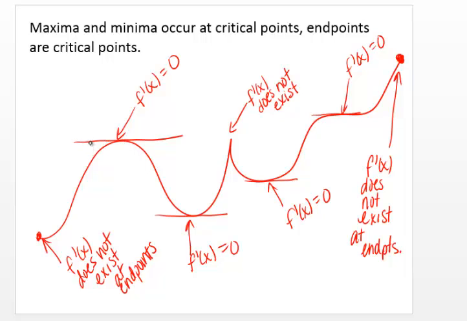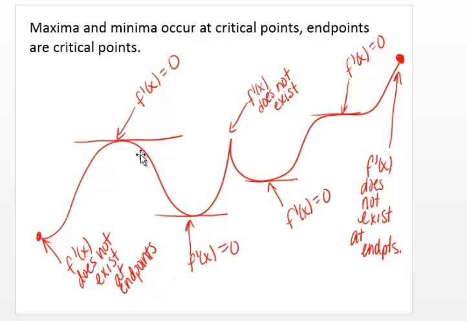Then you have the first derivative equal to 0 because the slope of the tangent line is equal to 0. Here you have the slope of the tangent line equal to 0, so f prime is equal to 0. There you have a cusp, so the first derivative does not exist. There's another slope of the tangent line where the derivative equals 0. Here's another one where the slope of the tangent line equals 0, and then we have another endpoint.